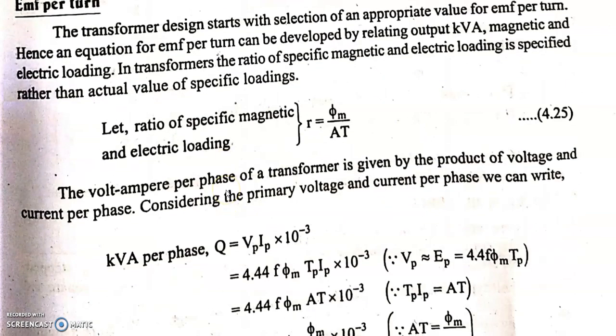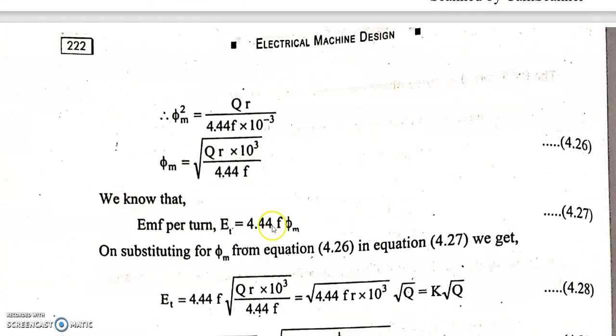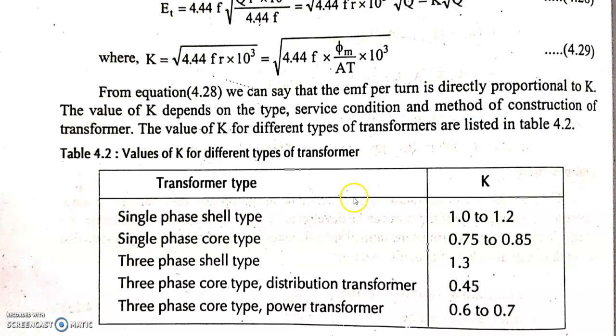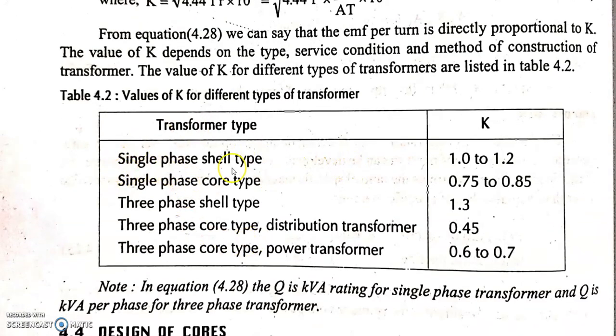And then we have discussed another topic, EMF per turn, how EMF per turn can be expressed in terms of kVA output of the transformer and the ratio between specific magnetic loading and specific electric loading. Also, how the value of K varies based on different types of transformer is mentioned.